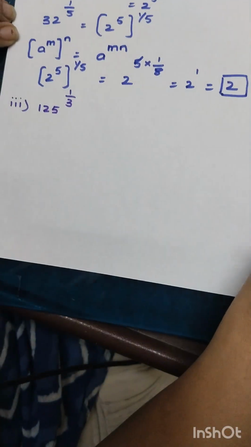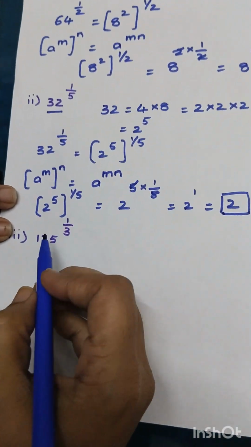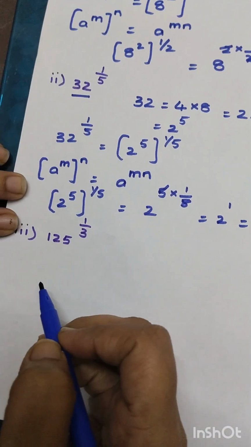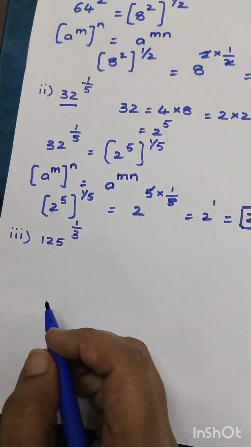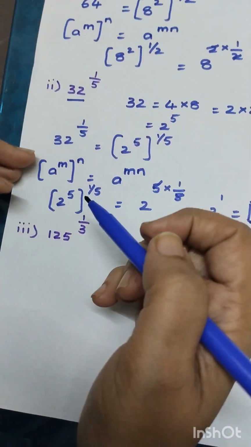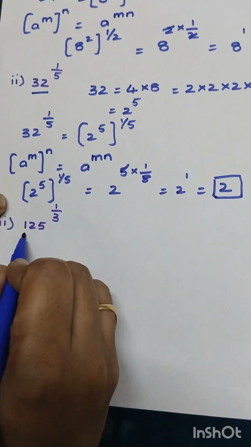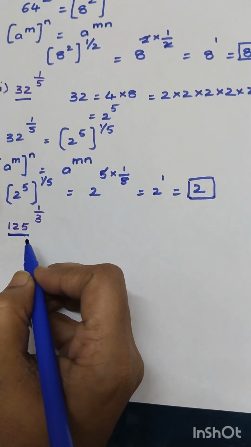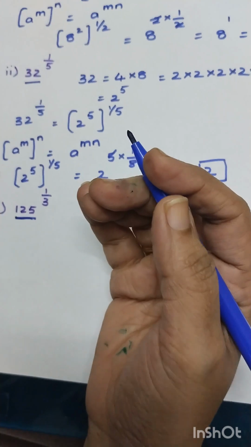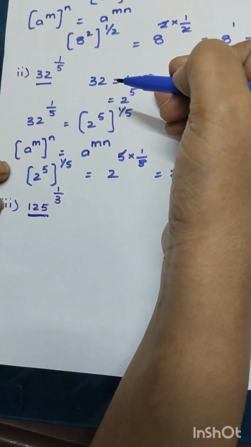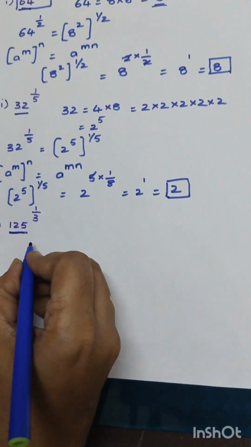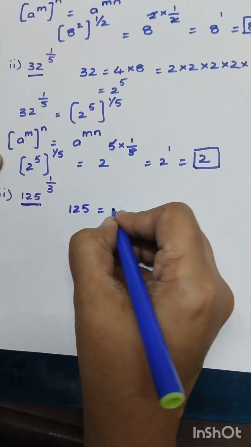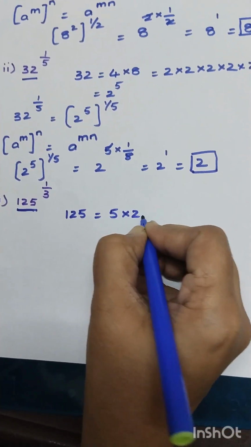Okay. Now let's solve the next question, that is 125 power 1 by 3. How do we solve this? Similar to the previous questions. Let's see if we can write 125 as any number to the power of 3, as we have written 64 and 32. 125 can be written as 5 into 25.